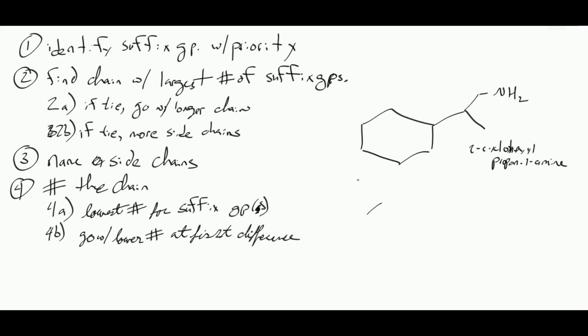If they both have an amino group, then the priority goes to the ring. So this would be 2-(1-amino prop-2-yl) cyclohexanamine.